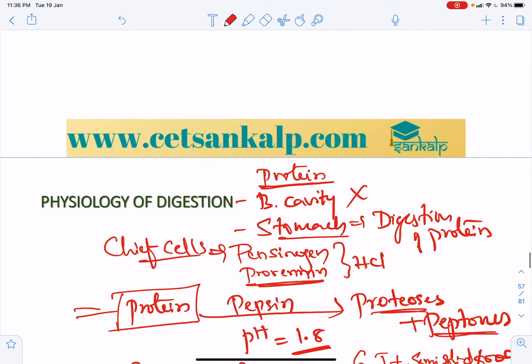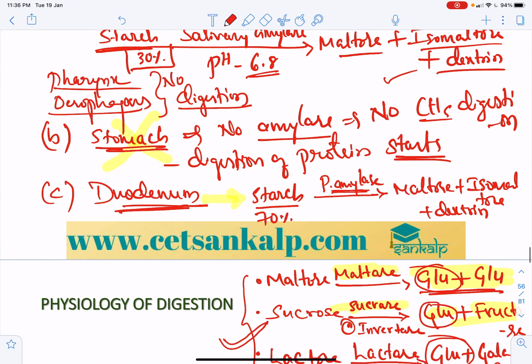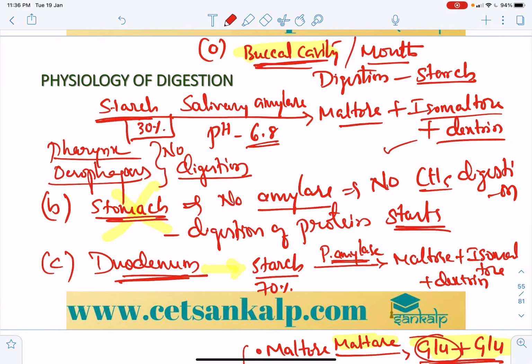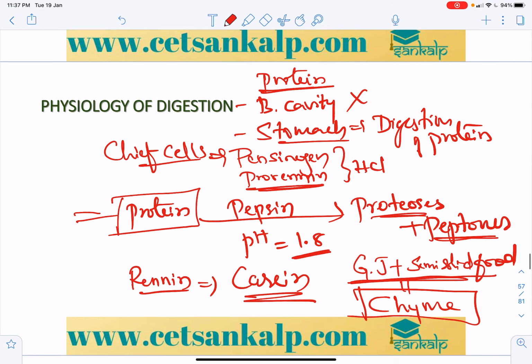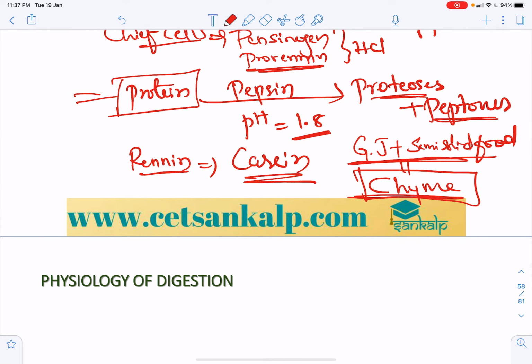Whereas in the buccal cavity, the food along with saliva and salivary amylase is called bolus, and the chyme in the stomach.